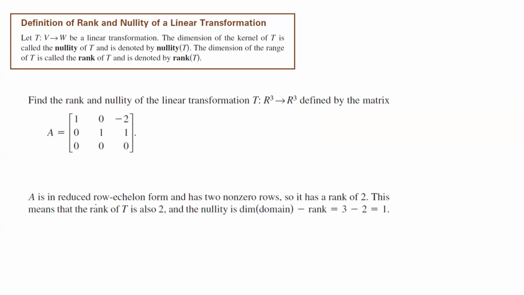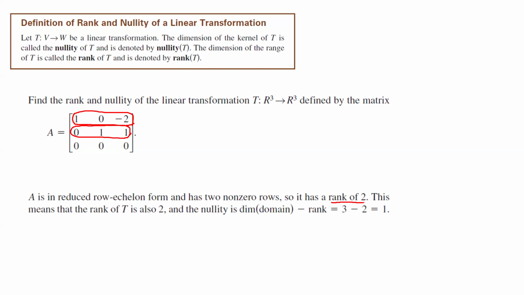A is already in reduced row echelon form. As you can see, it has two non-zero rows, the very first row and the second row. So the rank of this matrix is equal to 2.